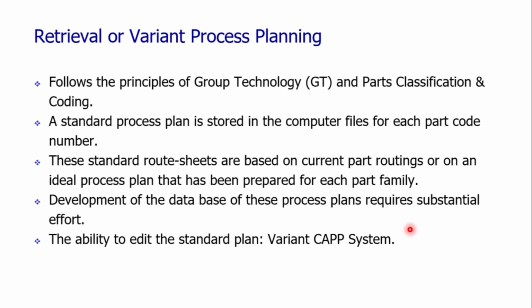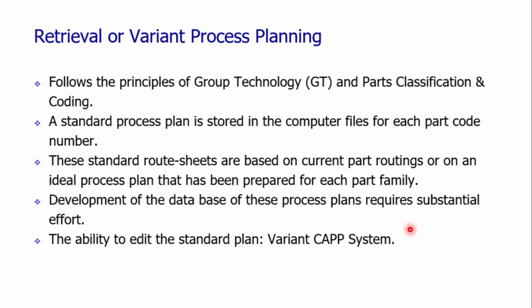For example, in garment manufacturing, the sizes of the garments are different, from small to medium, medium to large, large to extra large. The sizes are different, but the manufacturing process sequence is the same, the material is the same, only the size is the matter. So in that case, the process plan is exactly similar, only the machining related attributes or the dimensions are different.